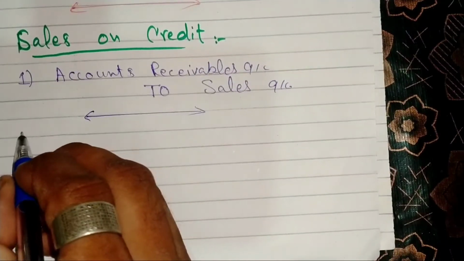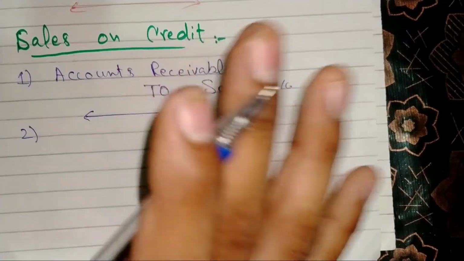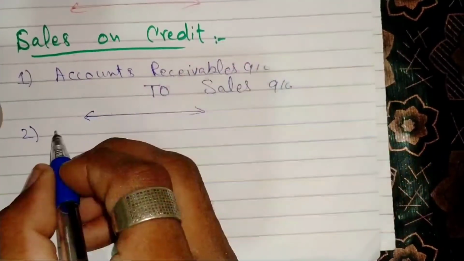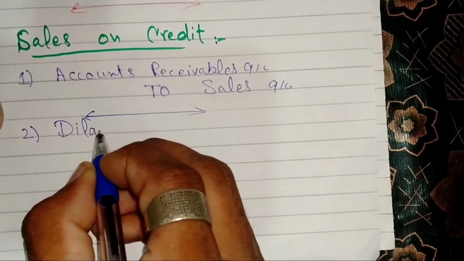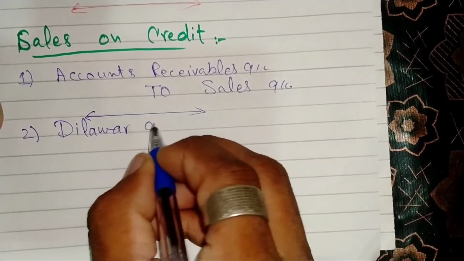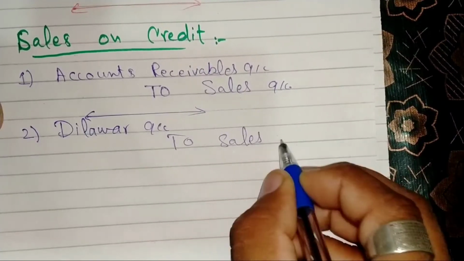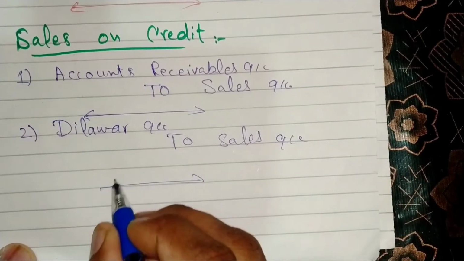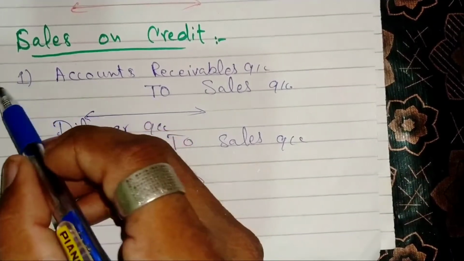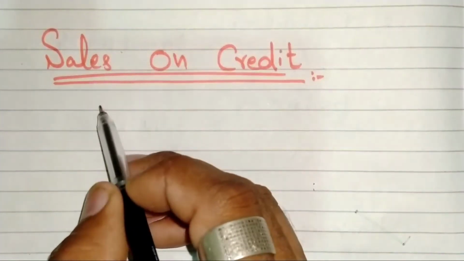Same as purchases, in the context of sales, we will enter the credit transaction as Dilawar account debit to sales account credit. This method is fruitful when sales are on credit.